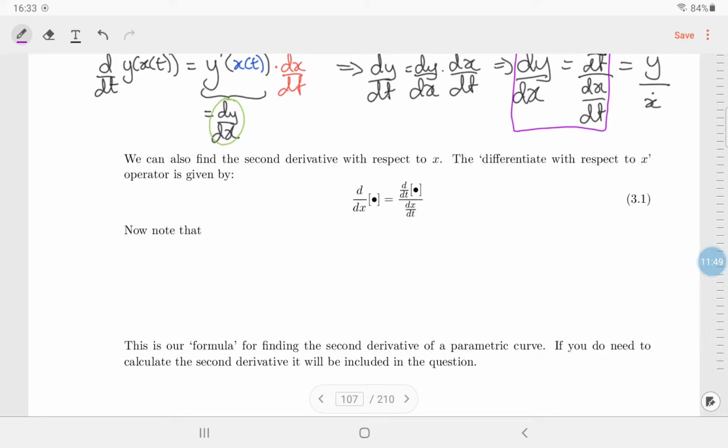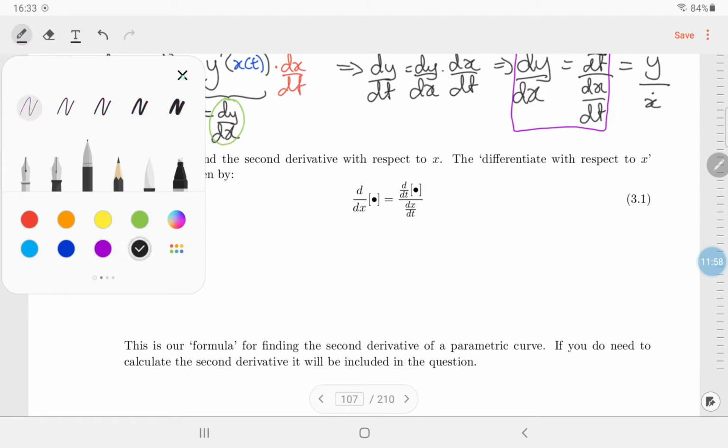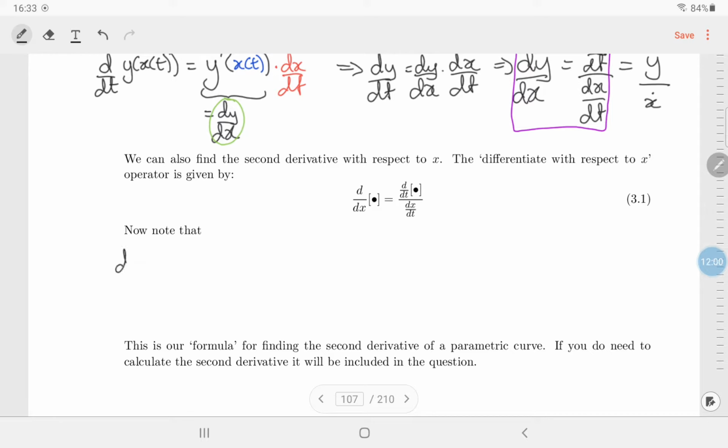So, but anyway, the differentiate with respect to x operator goes like this, and if we use that, we're going to use that on dy/dx. So in other words, put in for this black dot dy/dx.